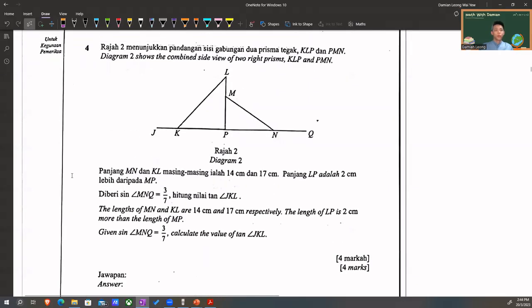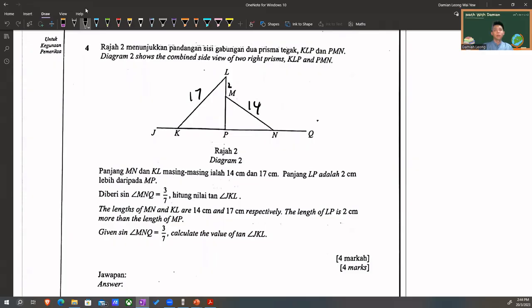Then we look at question 4. So the lengths of MN and KL are 14 cm and 17 cm respectively. MN here 14, KL here 17. Length of LP, L to P, is 2 cm more than MP.